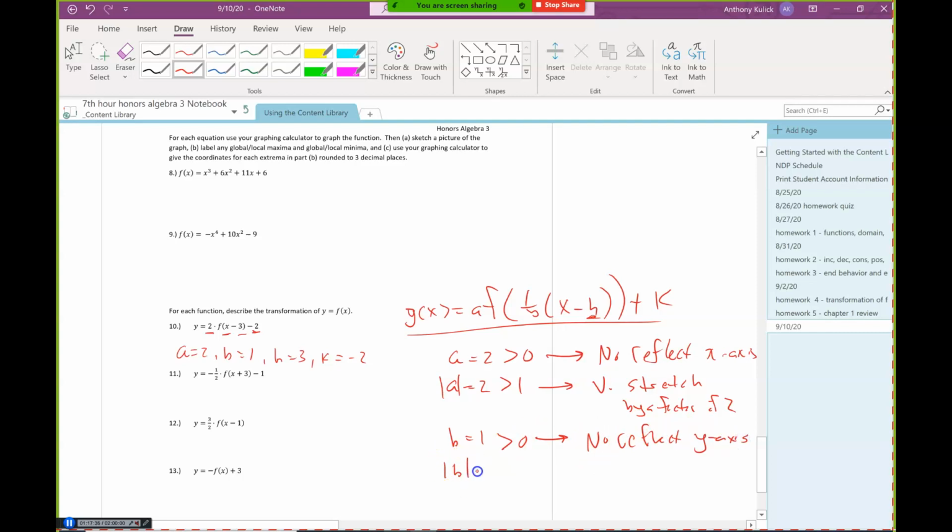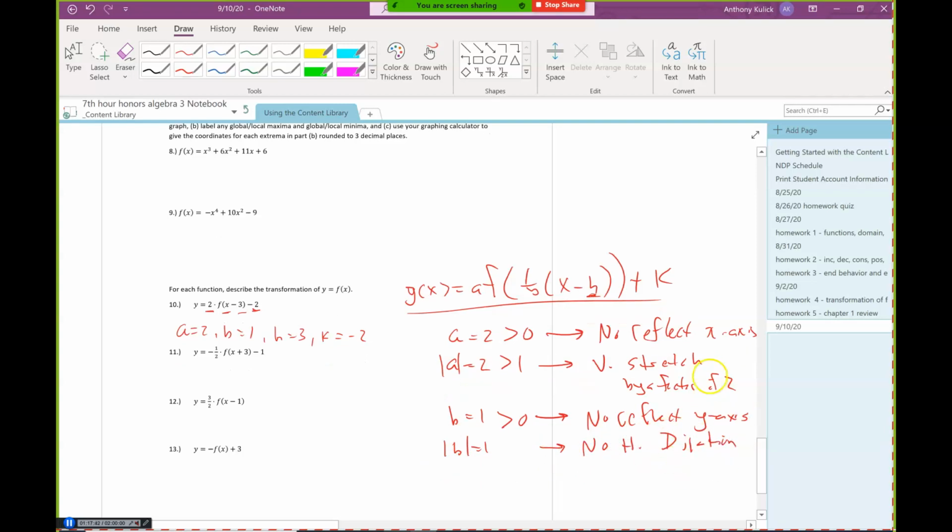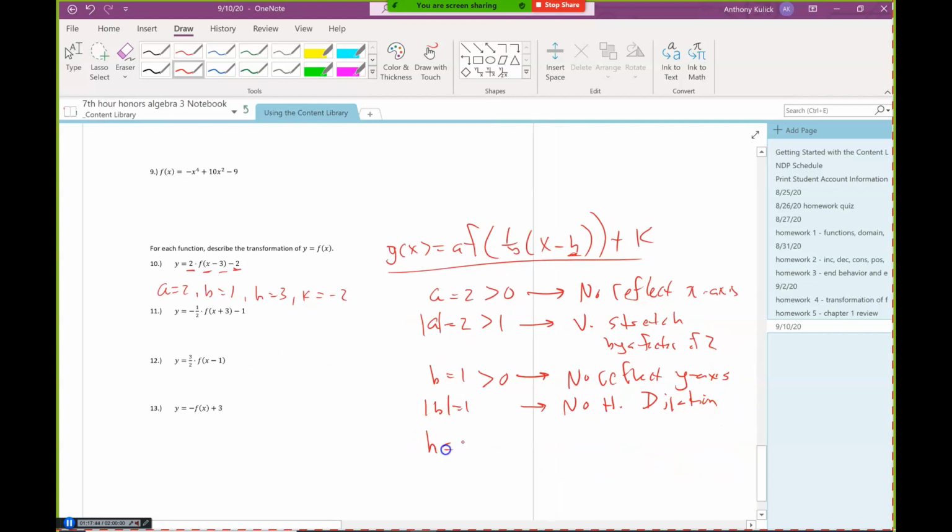And since the magnitude of B is 1, I have no horizontal dilation. Since the H value is 3 and that's bigger than 0, I'm going right 3 units. And since the K value is -2 and that's less than 0, I'm going down 2 units.